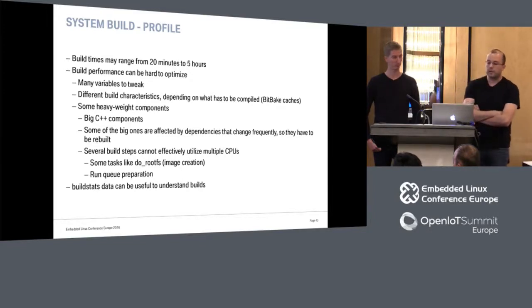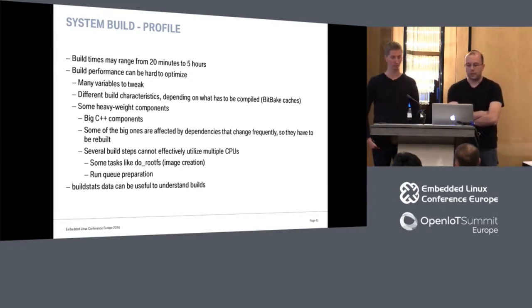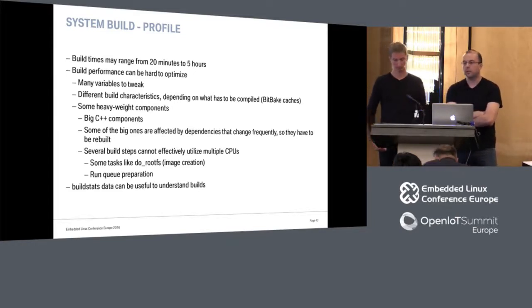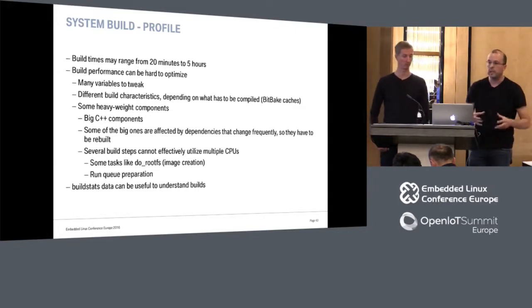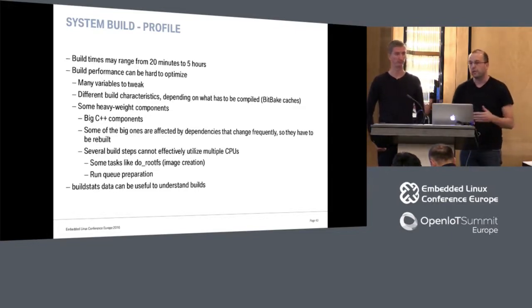In our experience, build performance can be quite hard to optimize. There are countless variables to tweak in the build, including hardware variables, system variables, and BitBake variables. So it's really hard to optimize. And in our case, we have some quite heavyweight, C++ based components that are really interdependent, so if we change one, we have to recompile a lot of things.